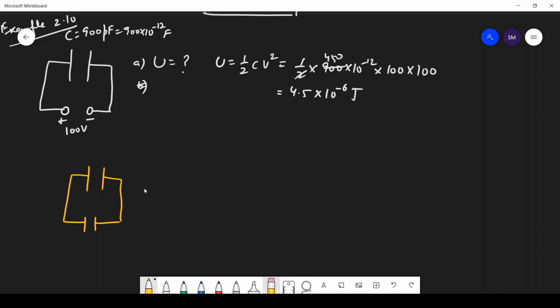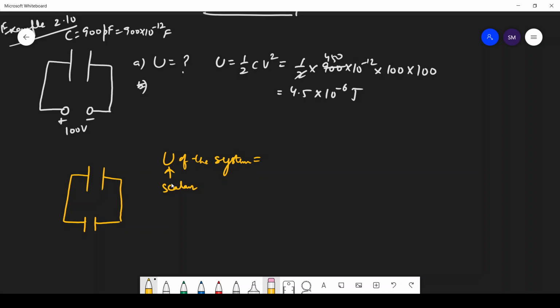So what is the electrostatic energy stored in the system? So now we have to find it again for the system. So obviously the energy is a scalar quantity, so you want to find it for the system, so simply add the energy stored by this capacitor plus the energy stored by this capacitor.